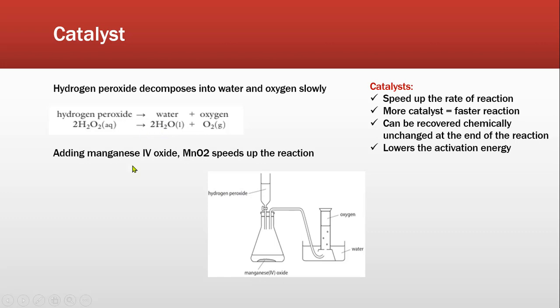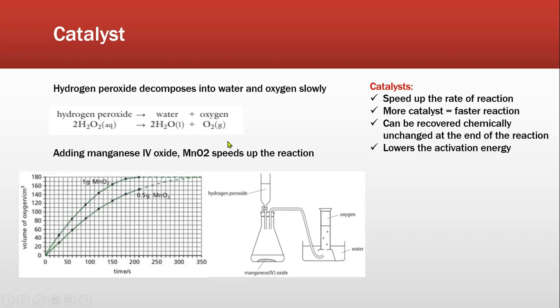So by adding manganese(IV) oxide, this reaction speeds up a lot. Firstly, let's look at the reaction setup. We have our manganese oxide in this flask here. This is our catalyst. And then we are going to slowly add hydrogen peroxide.